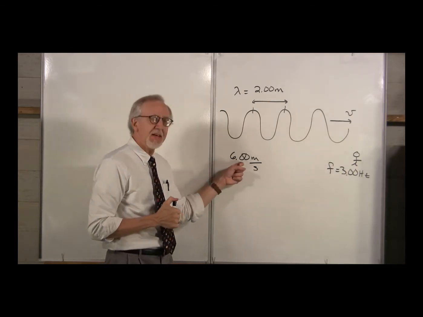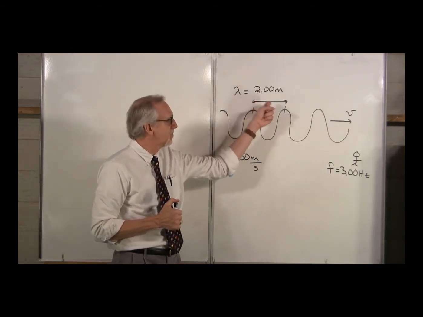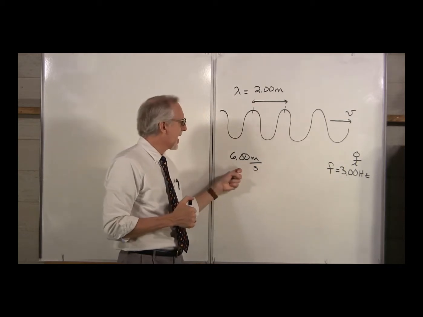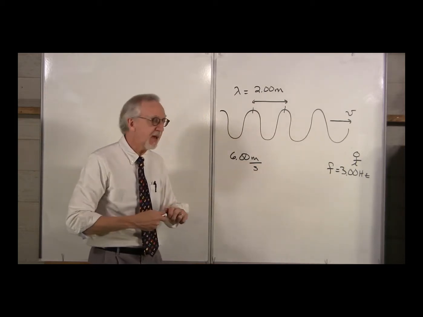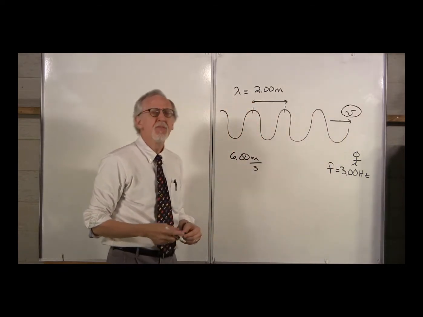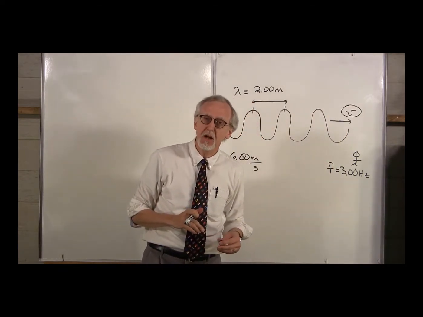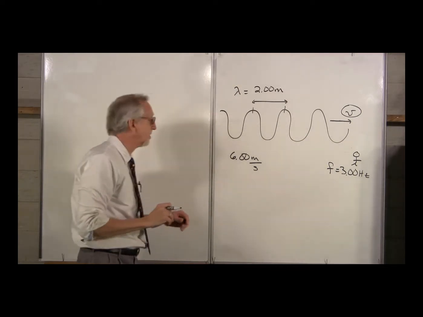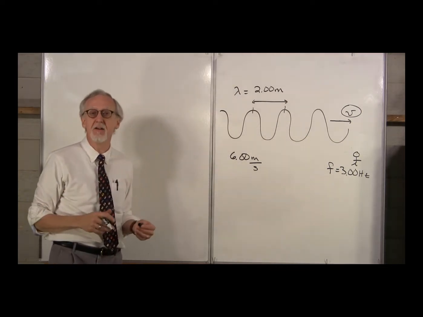But how did we get that 6? The 6 was just lambda times f. And if it's traveling at 6 meters per second, that must be the speed of the wave. This is a very, very general result that applies to any kind of wave.